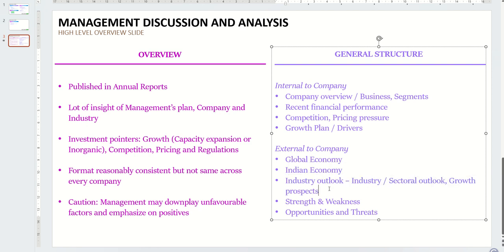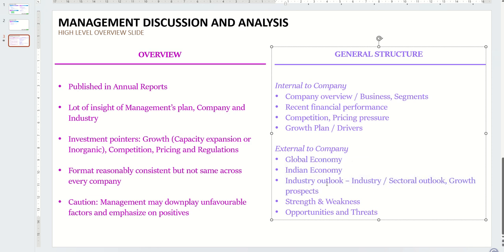Like if it's a diagnostic industry, they talk about the healthcare industry outlook. So this is the place where you will get the future outlook of the industry and the growth prospects. I'm not talking about the company level, but the industry level, because whatever is at the company level is covered earlier. These are all at the industry level.